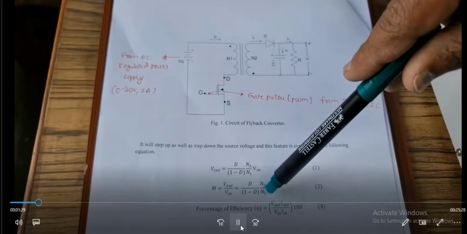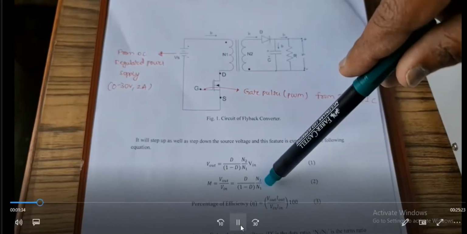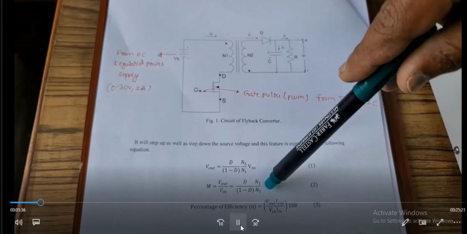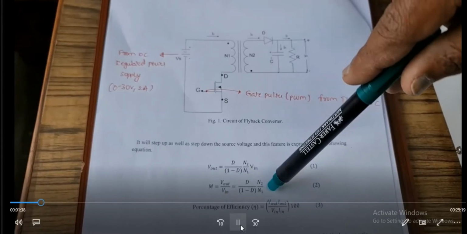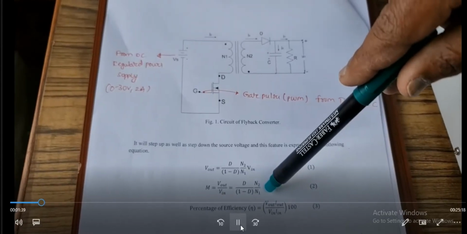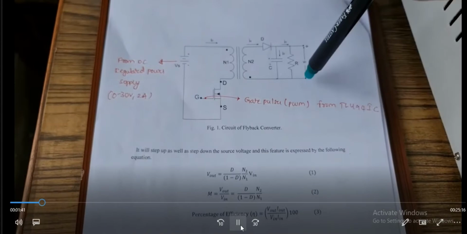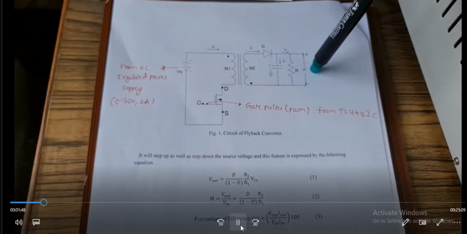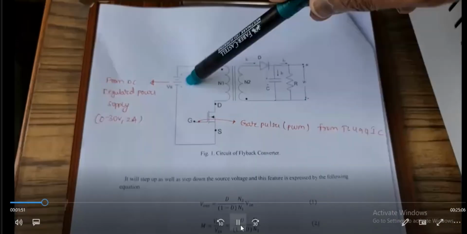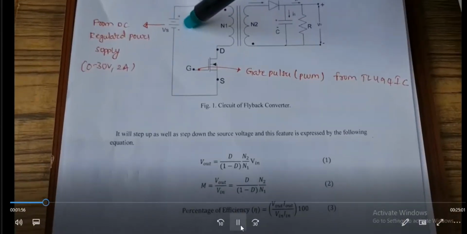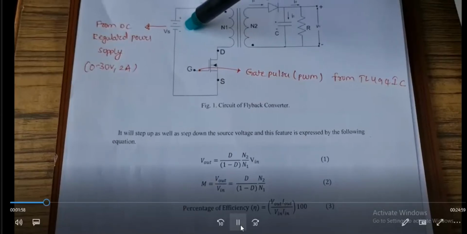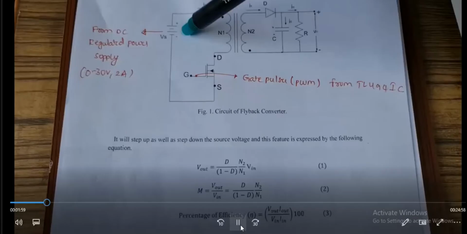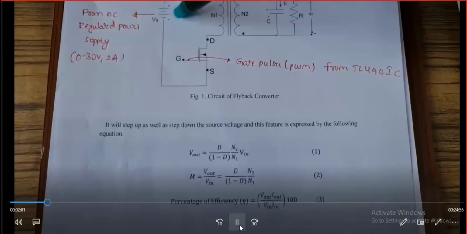So you can see the bucking and boosting in the fixed duty ratio operation, but in the closed loop operation, this prototype module is designed for the bucking operation. We will be demonstrating the closed loop operation for a load voltage of 5 volts, whereas the supply voltage is going to vary anywhere from 6 to 18 volts, which is nothing but 12 volts nominal voltage plus or minus 50%.